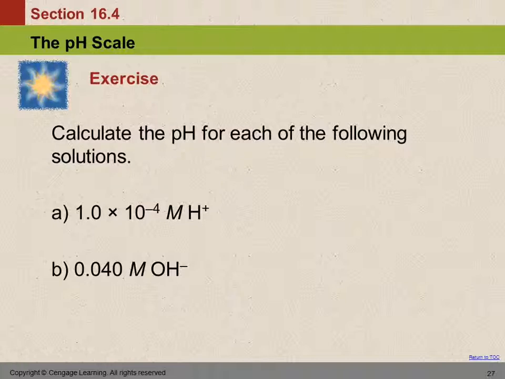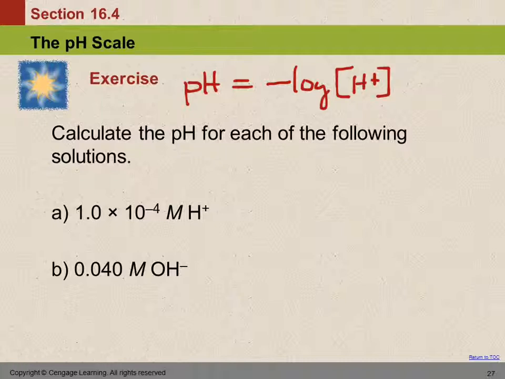So how would we calculate the pH for these two solutions here? Well, the first one's going to be simpler than the second one. To calculate the pH, we have to remember, what does pH mean? pH is the negative log of the hydrogen ion concentration. So we need to know the hydrogen ion concentration. For letter A, they gave it to us.